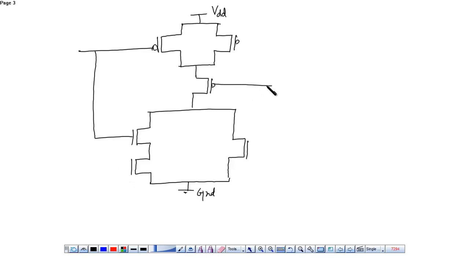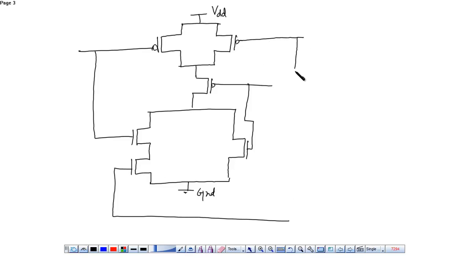This is C, which is connected over here, and this is the pull down circuit. This is A, this is B, and this is C. From here you'll get the output Z.